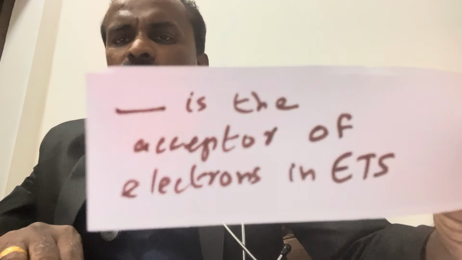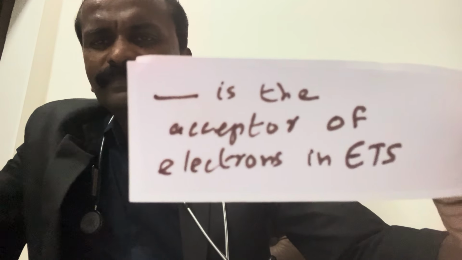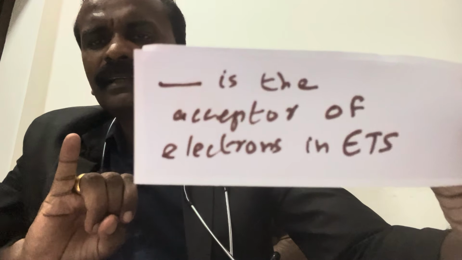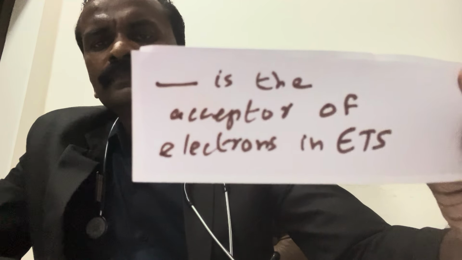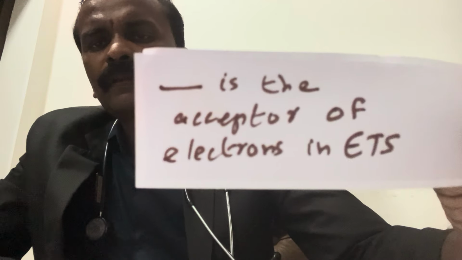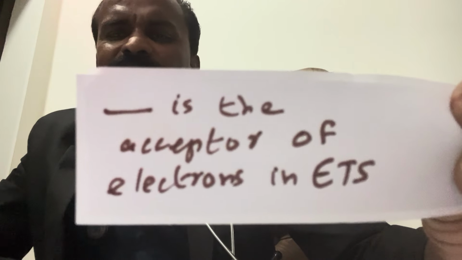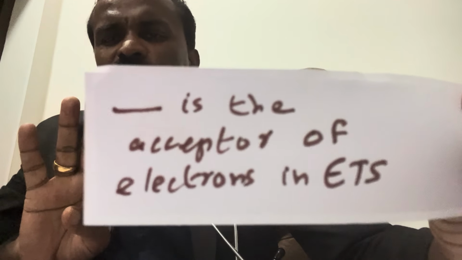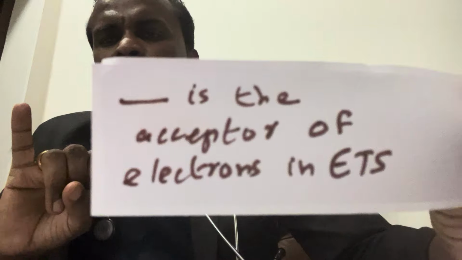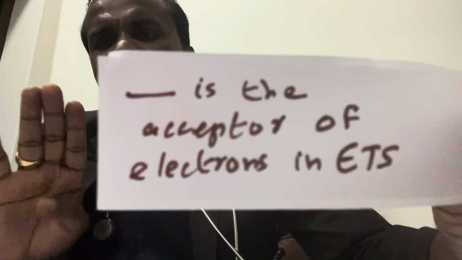Dash is the acceptor of electrons in ETS. ETS means electron transport system. I'll give 4 choices for you: oxygen, carbon dioxide, nitrogen, hydrogen.